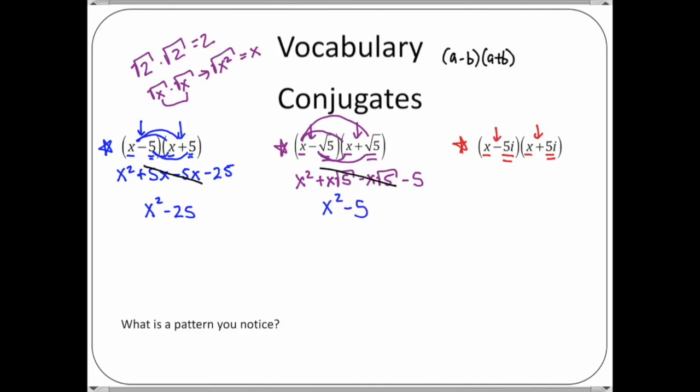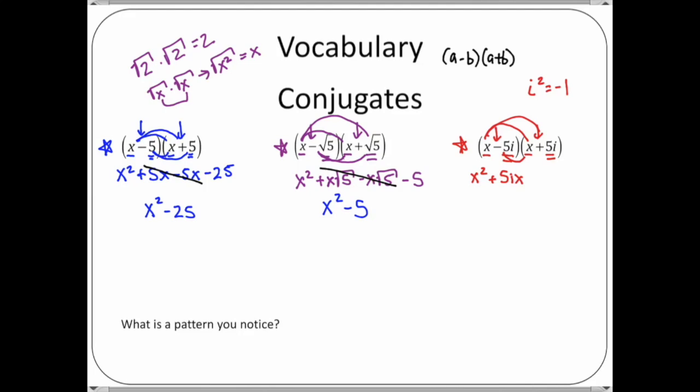And then finally, for these last ones, one thing we have to remember from past lessons is that i squared is going to be a negative 1. With that in mind, x times x is x squared. x times 5i gives us 5ix.